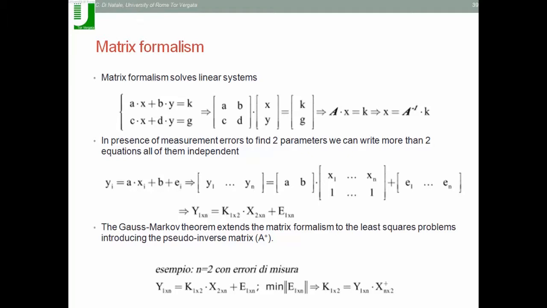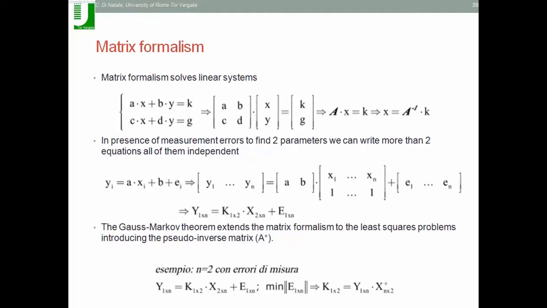In the least squares, we have basically a redundant linear system, because if we add a third equation to this relationship, it has to be a linear combination of the others. But since we have errors, we can have a number of equations independent of each other.